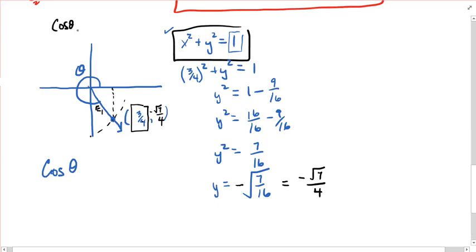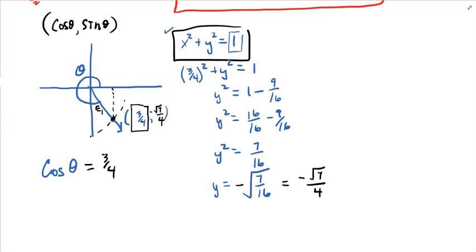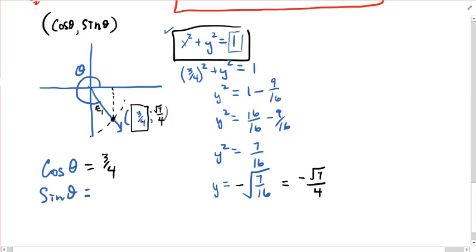So it goes cos theta, sine theta for points that are on the unit circle. So this angle theta, cos theta, is 3/4. We're actually given that. Now, can I find the sine of theta? The sine of theta is negative root 7 over 4.